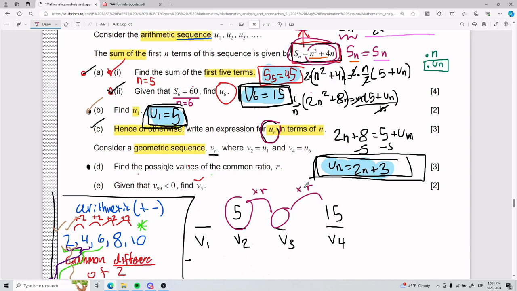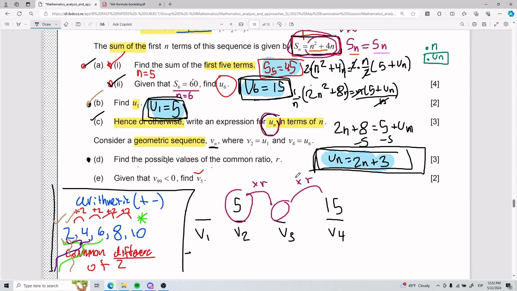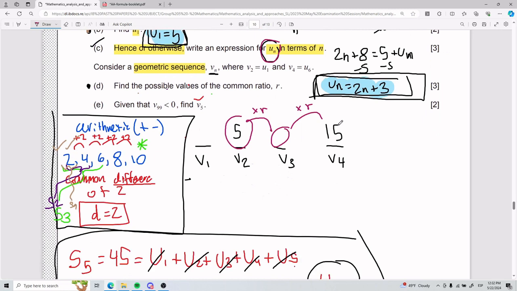Whatever, it's growing, it's got to be multiplied by something greater than 1. So, the common ratio, you apply r twice to reach 15. So 5 times 2r has to equal 15.